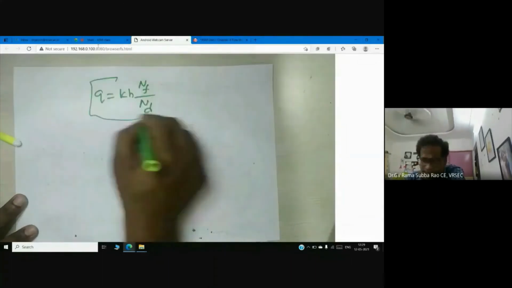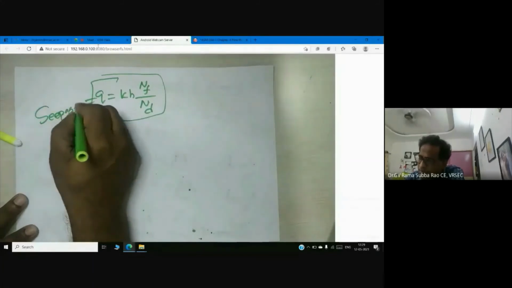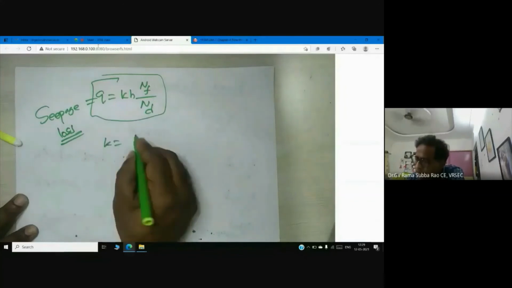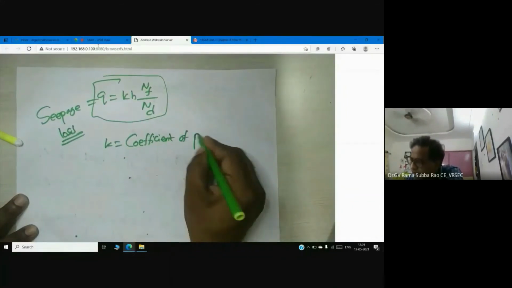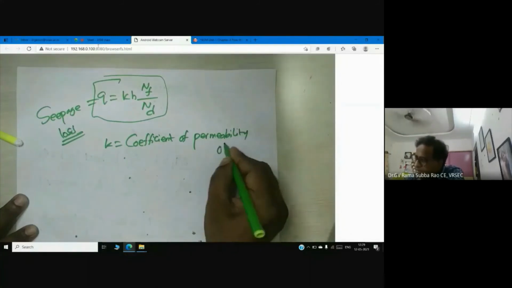So I will explain once again. Q means seepage loss. K means coefficient of permeability of soil. What is H?